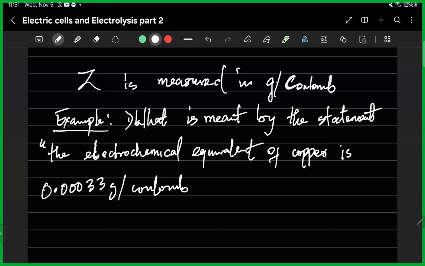So what is meant by that? The statement, the electrochemical equivalent of copper is this per coulomb.